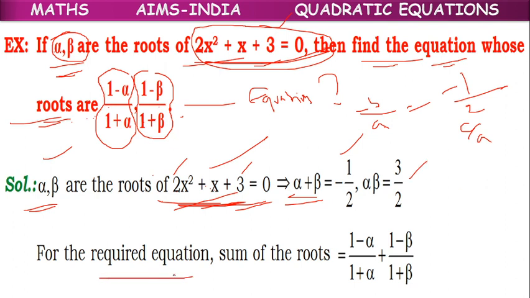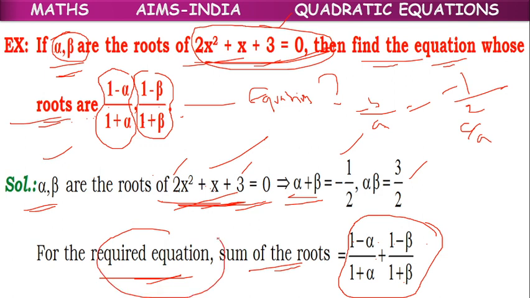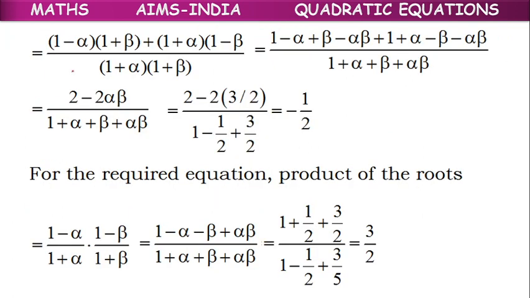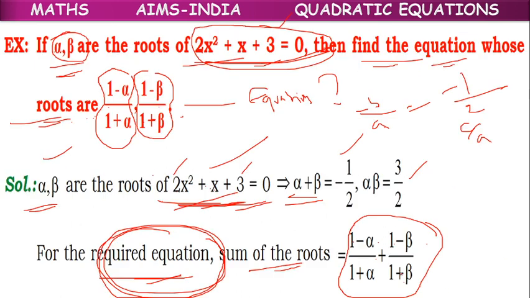For the required equation, the sum of the roots is 1 minus alpha by 1 plus alpha plus 1 minus beta by 1 plus beta. So we will simplify this. What is the LCM here? 1 plus alpha into 1 plus beta.